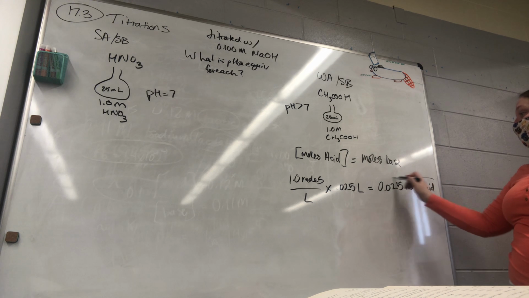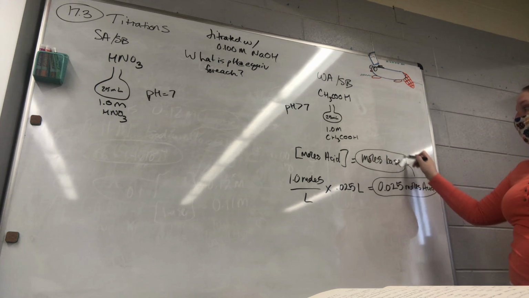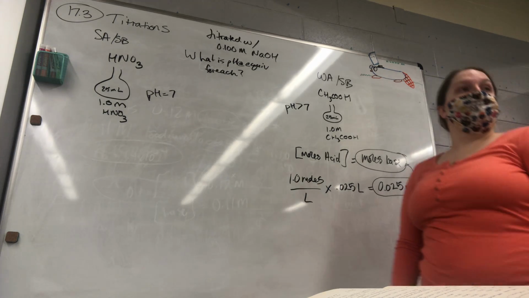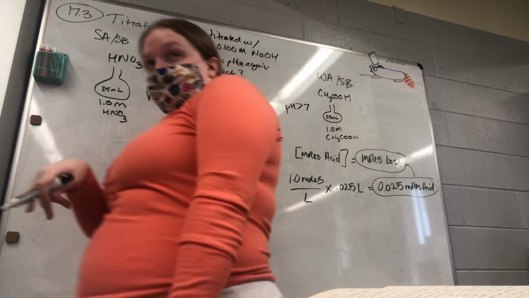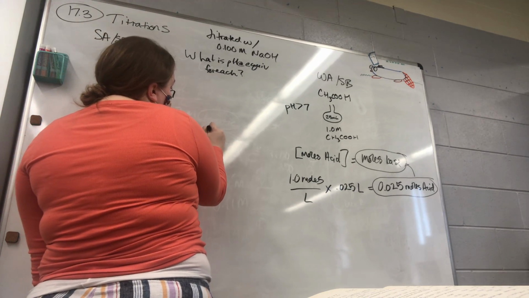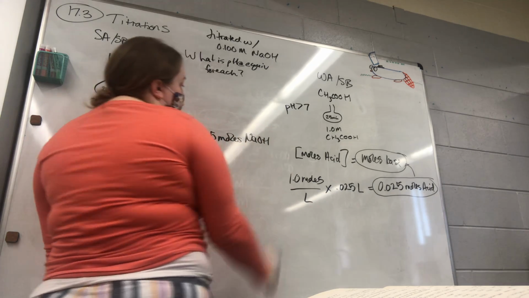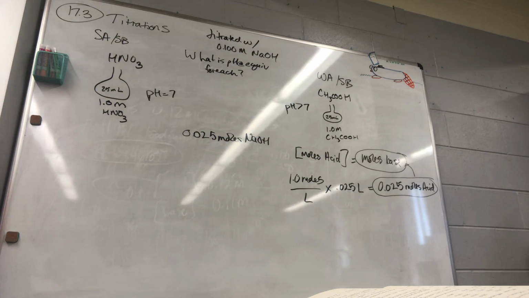We know how many moles of acid there are, which means we also know how many moles of base there are, correct? At equivalence. So if there are this many moles of NaOH, and I know I started with 0.1 molar NaOH, can I get a volume from those two pieces of information? Yes, I can.